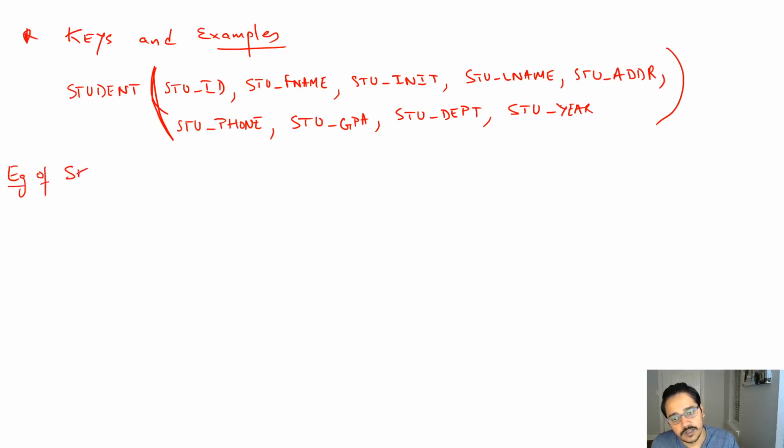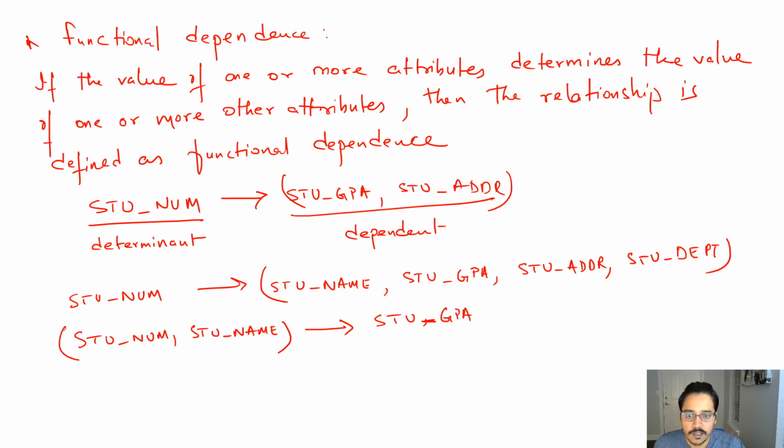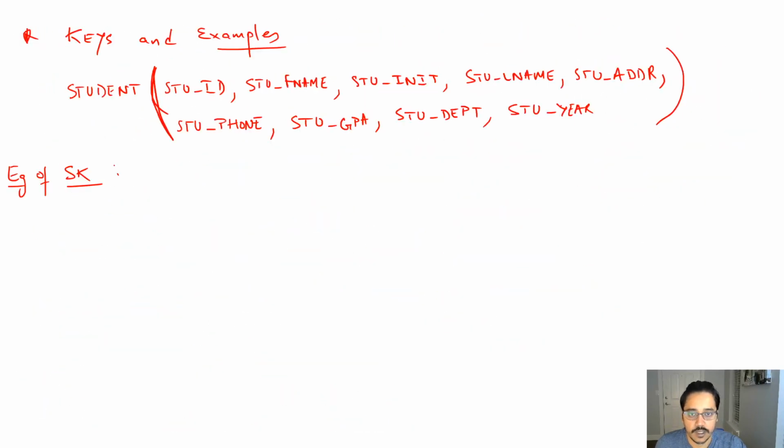of super keys. Remember, a super key conceptually is any key. It could be an attribute or a set of attributes that abides by the concept of functional dependency. The concept of functional dependency states that on the determinant side, if you know the values of those attributes, then you will be able to determine the remaining values of the other attributes in the table, right?